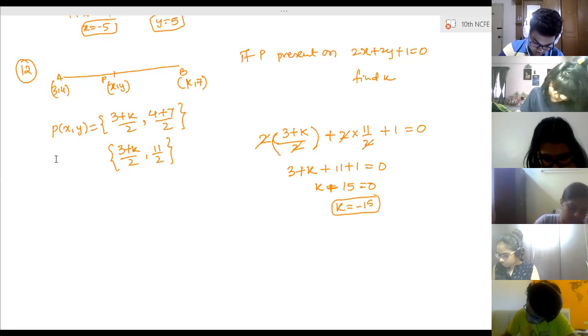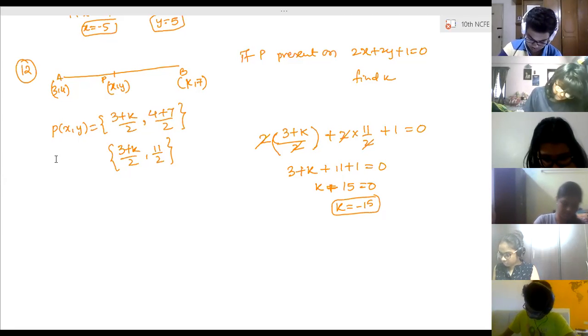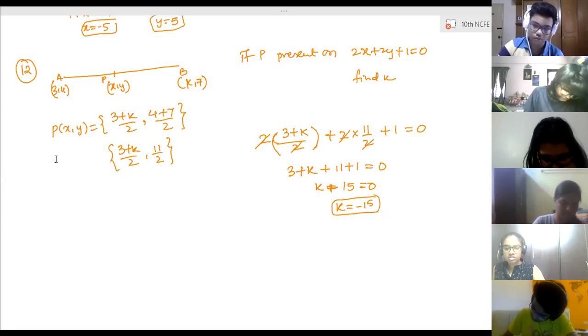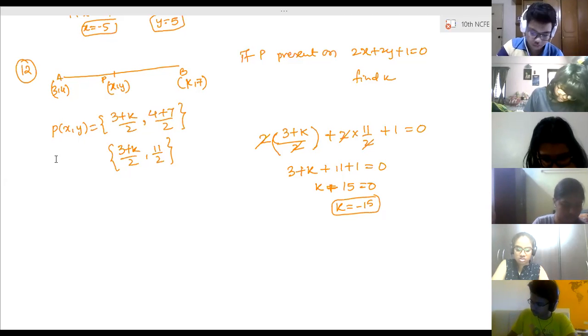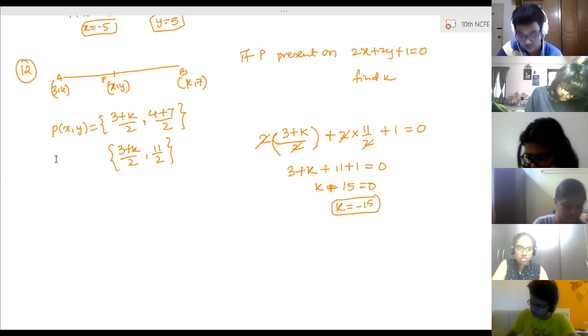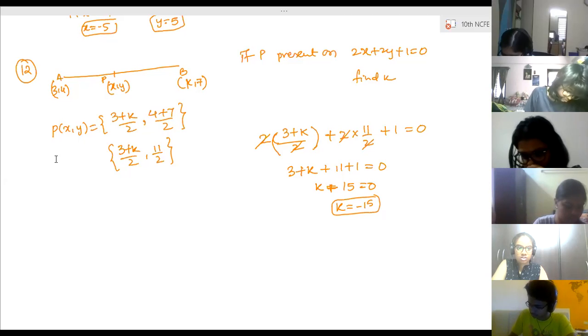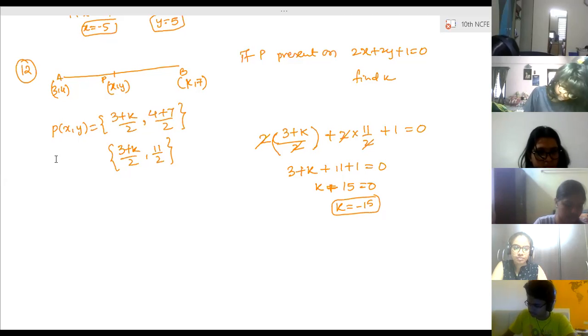What's the answer of 19th? Ratio is 3:7 and the coordinates are 3 by 2, 0. Okay, right. 20, 21, 22, 23.